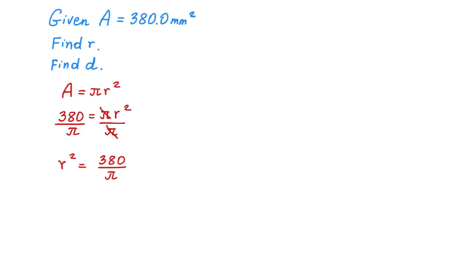To find r, we have to take the square root of the right side. And I would keep the right side as a fraction until the last part when I put everything in the calculator. So r equals square root of 380 over pi.